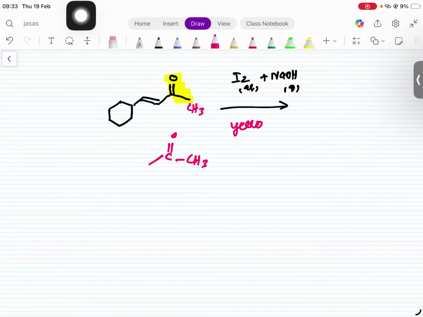What is the yellow PPT? आप कहते हैं ये जो CH3 था ना, that actually breaks down here and turns into CHI3. So one of the product is what? CHI3. You got it? One of the product is CHI3.